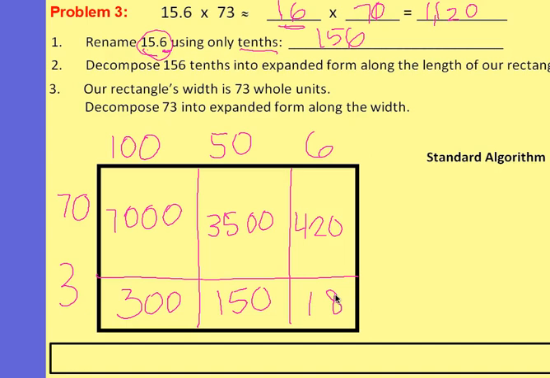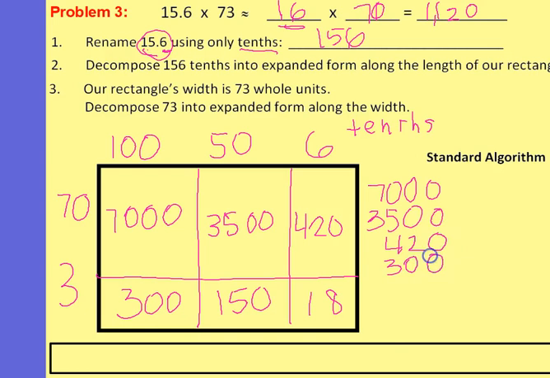And remember that our unit here is tenths, so then my answer will have to be in tenths as well. So I'll have 7,000 plus 3,500 plus 420 plus 300 plus 150 plus 18.